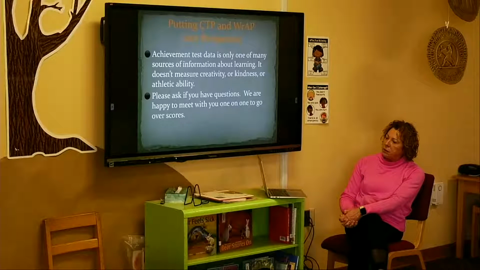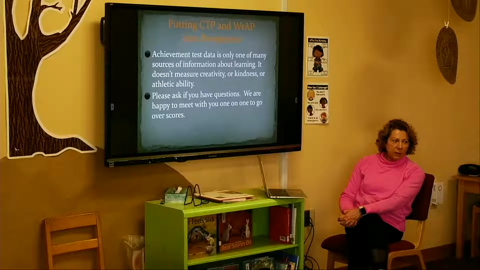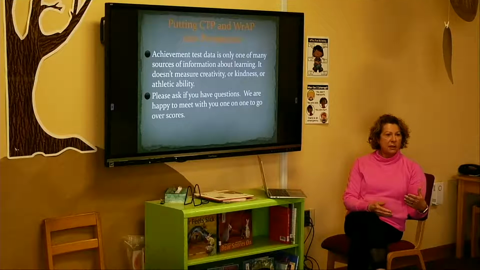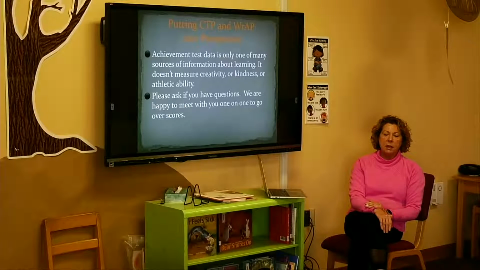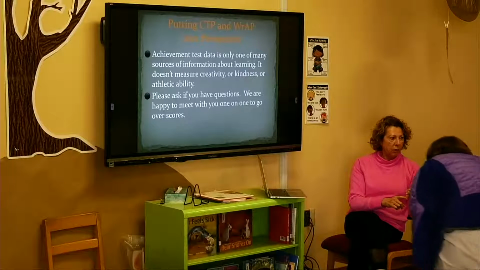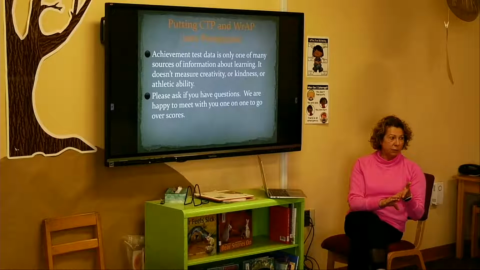Before I move on to the actual score reports for CTP and milestones, a question that parents often have is, why does my child make straight A's, but then they have a low score on this achievement test? The reason is that class grades are made up of homework grades and teacher assessment, chapter quizzes, and participation grades.